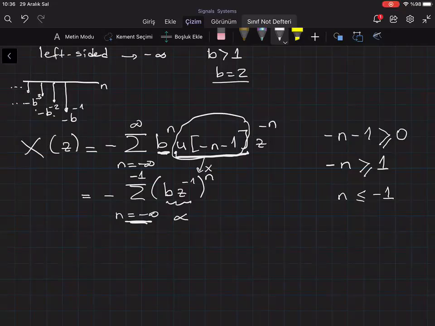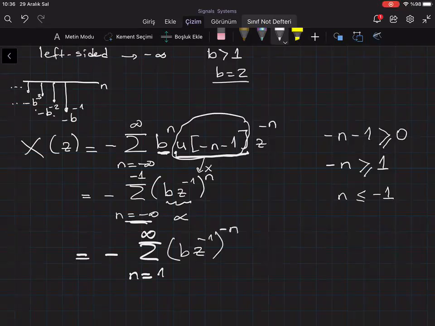How should I start my boundary changes, arkadaşlar? Is this okay? I just write n, instead of n, I just write -n.